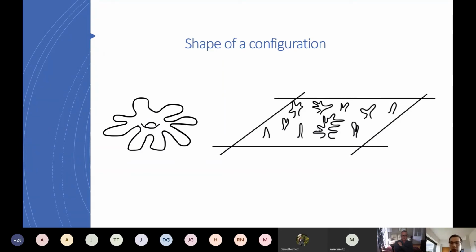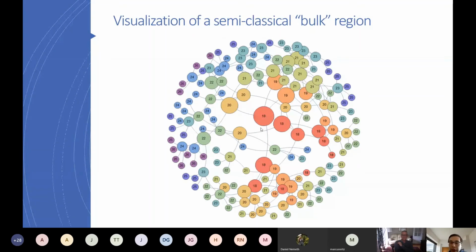We can also look at the neighborhood of simplices in those semi-classical and quantum regions. If we start at a simplex in the semi-classical region, this is the central simplex of height 18 in the x direction, and we draw a graph of 5 concentric shells around this simplex. This is a graph of a dual lattice.